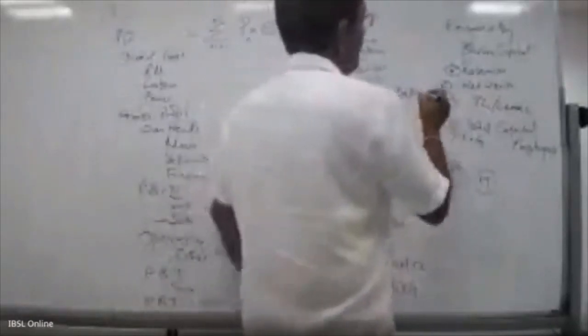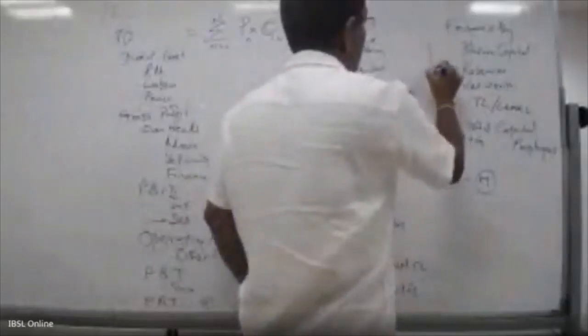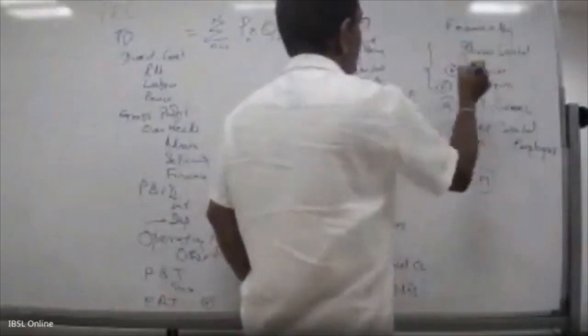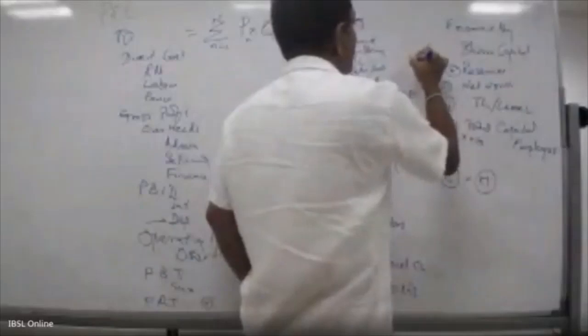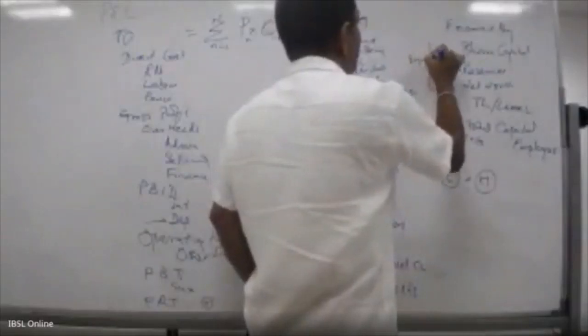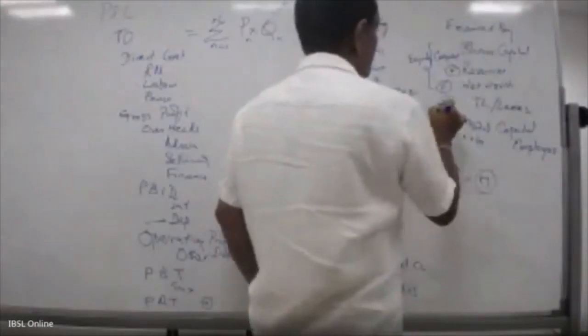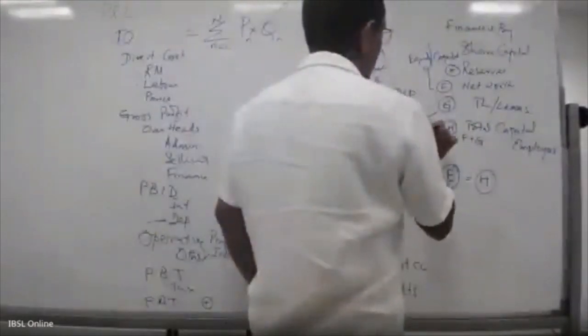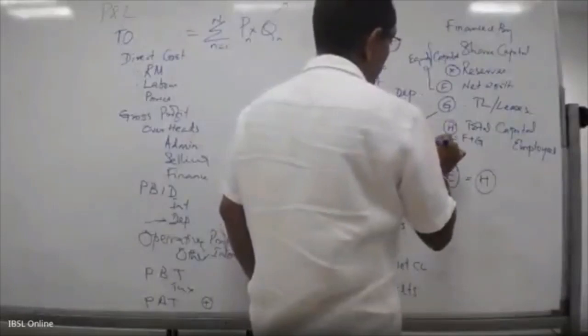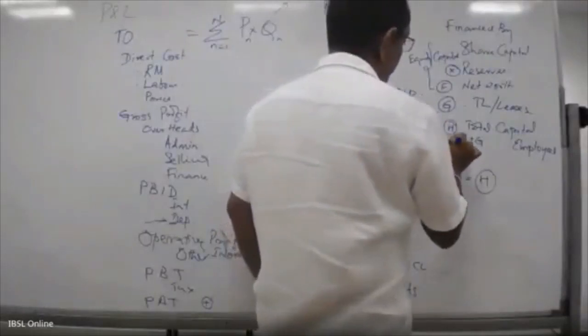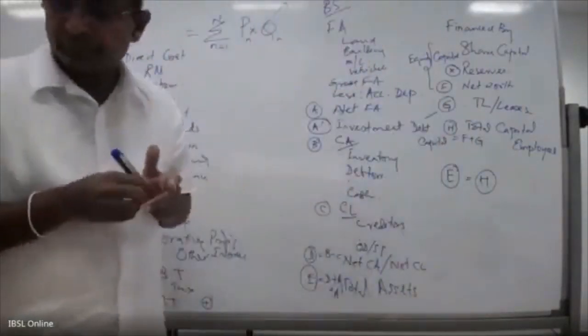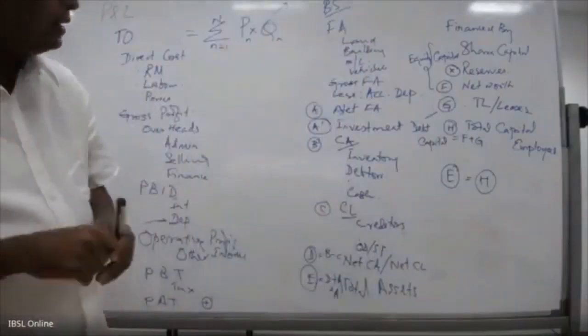Again, this part, which is net worth, is called equity capital. This part is called debt capital, right?